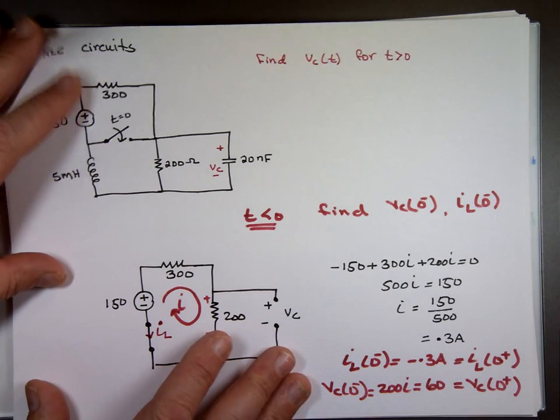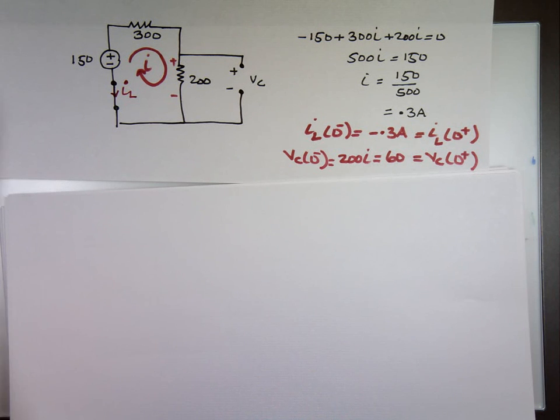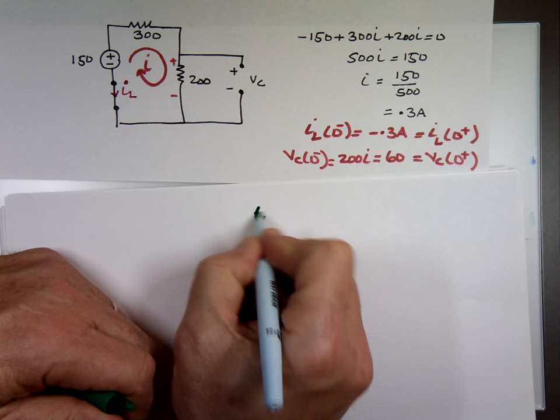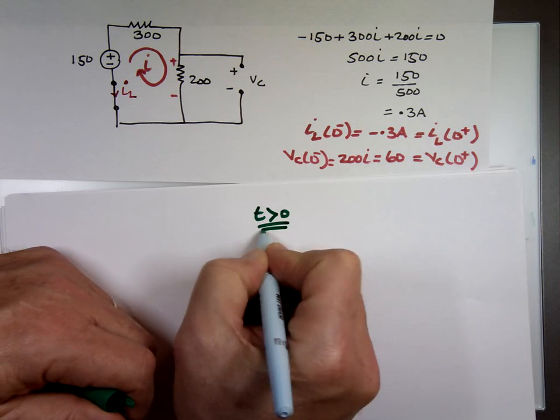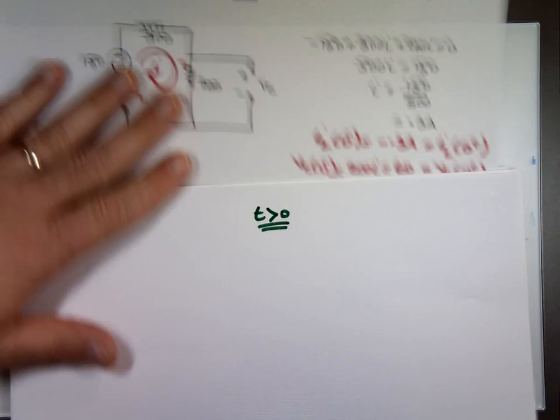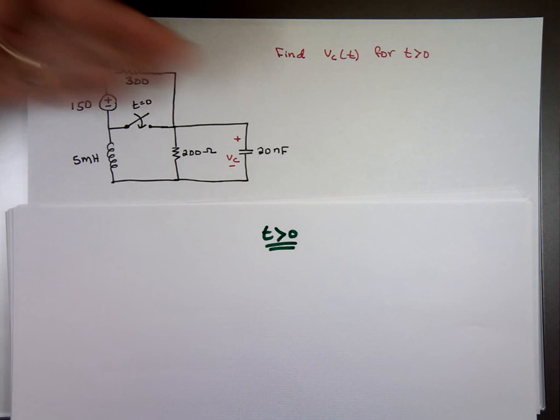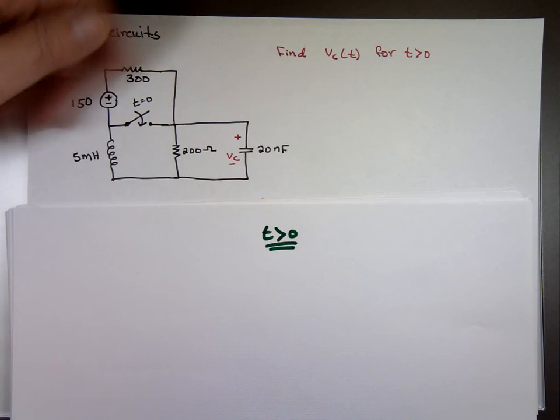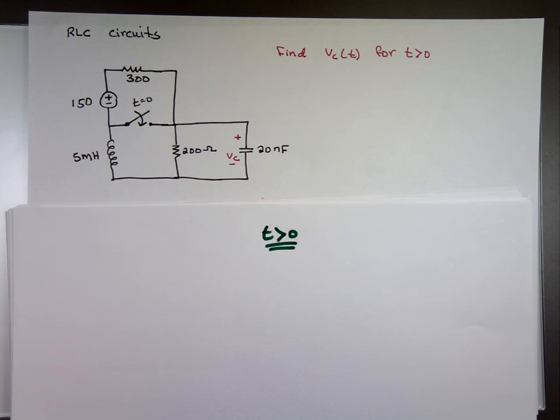Now we're going to look at the circuit for t greater than 0. Now the switch is going to swing down. It's going to short that side. So this is what we're going to have.